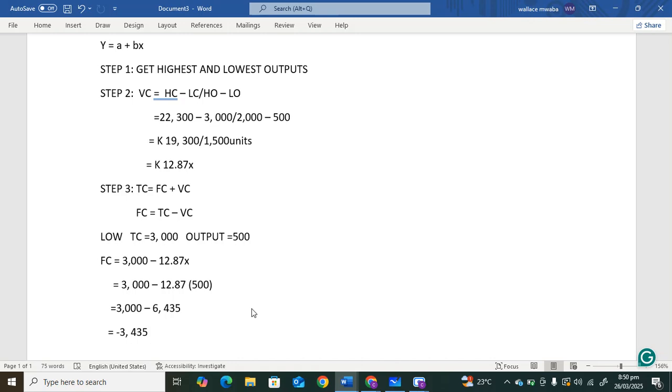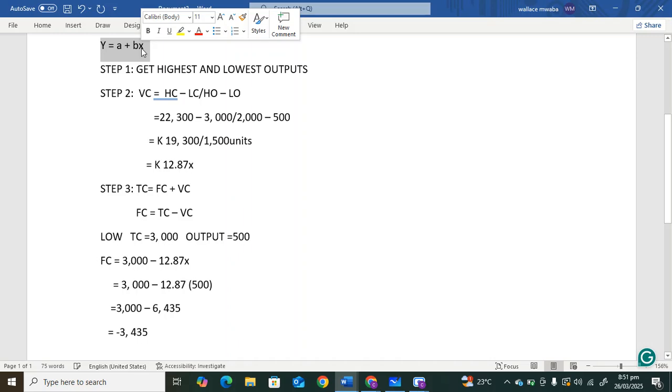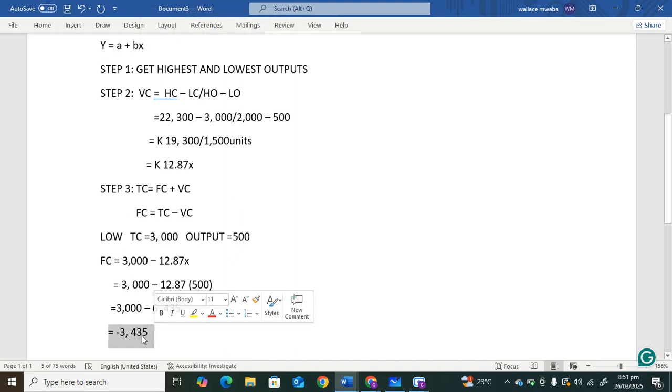All right. With the high-low method. So we'll still use this negative value and we just substitute into our equation here. Total costs y equals a, which is your negative fixed costs, plus 12.87, which is your variable costs, x. Any questions?